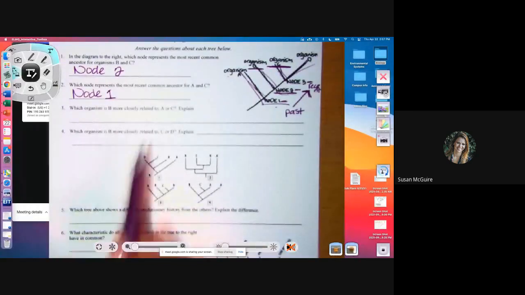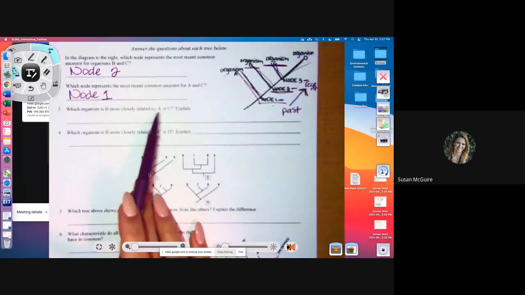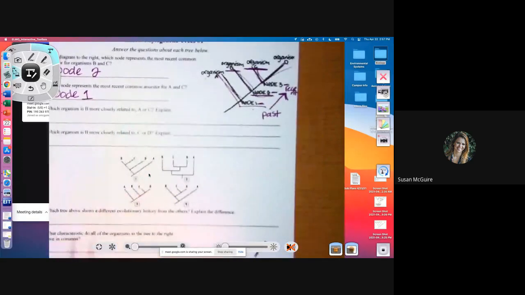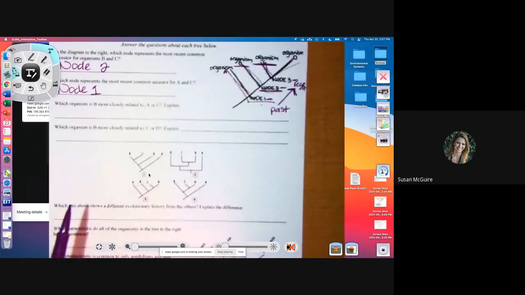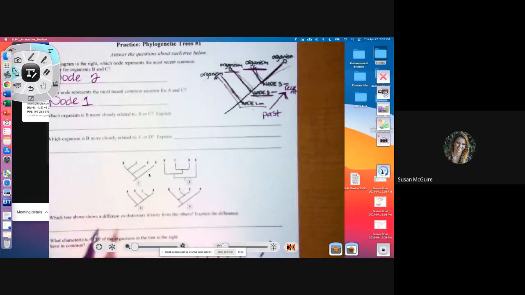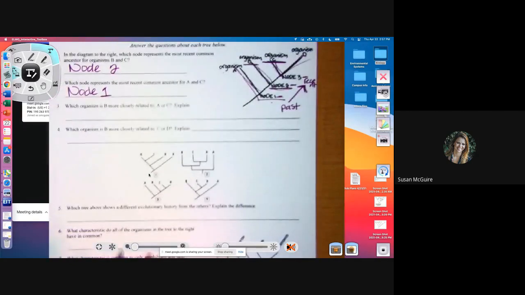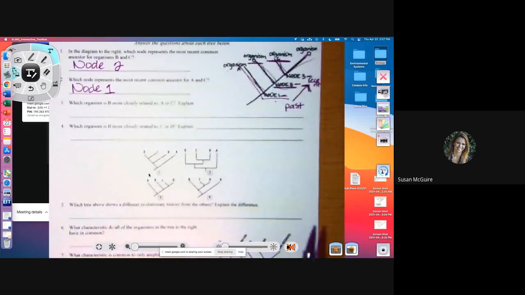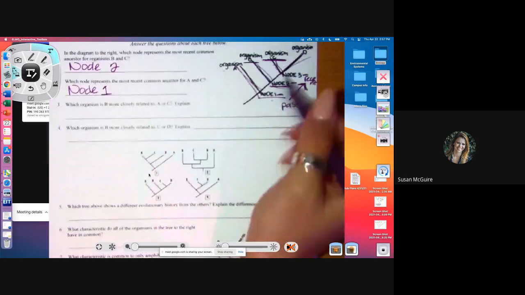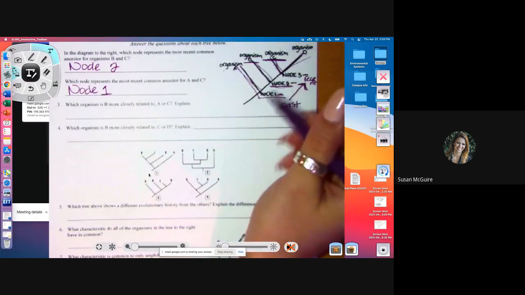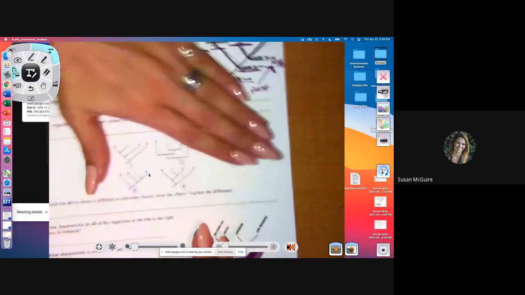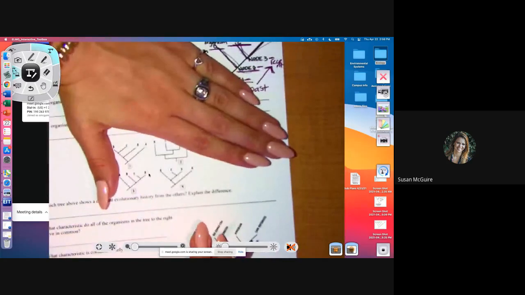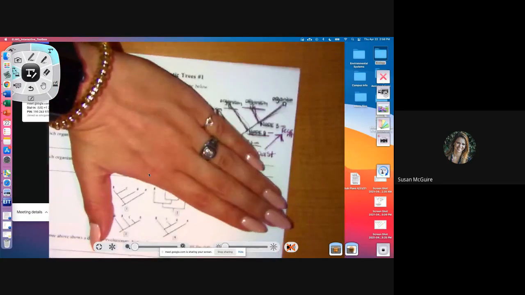Which organism is B more closely related to, A or C? C. So remember, we can't go backwards, you can only progress in terms of nodes. When you're doing that, act like this isn't even there. Organism A is not there at all.